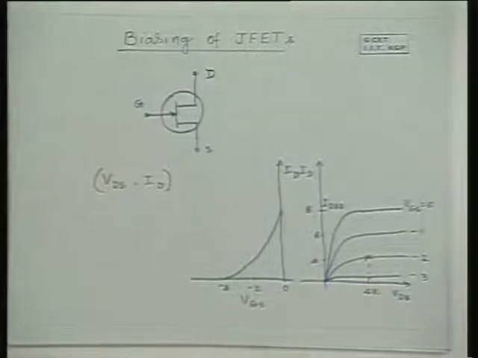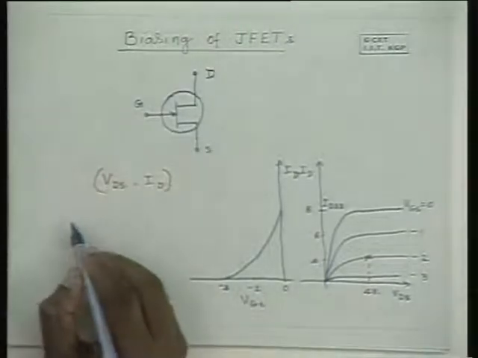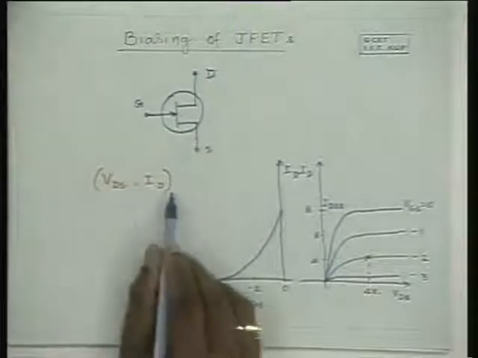Now there is another quantity, VGS. Well, VGS is not independent of VDS and ID.